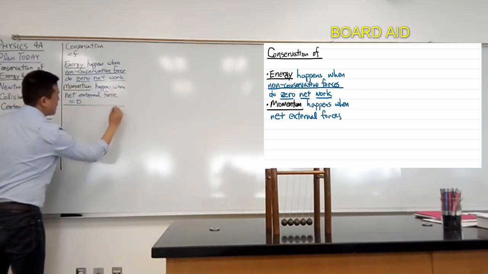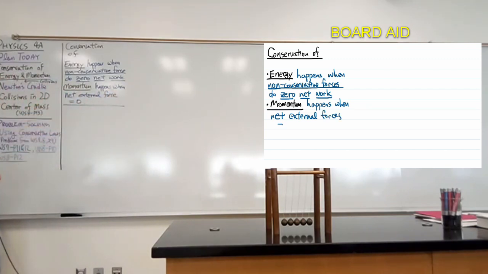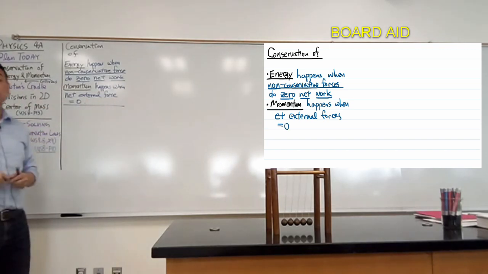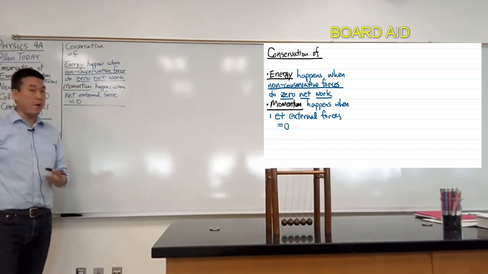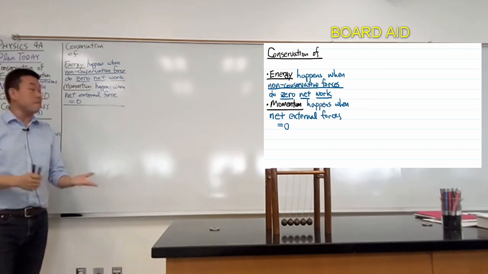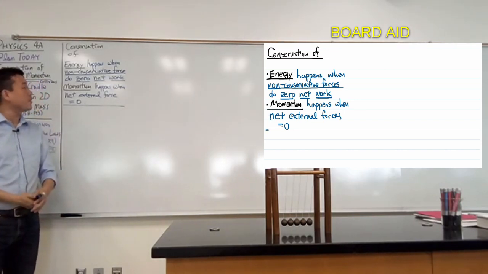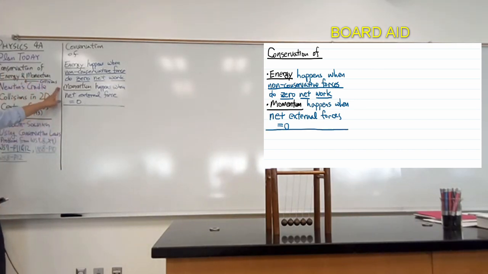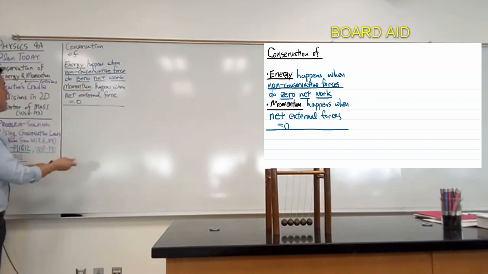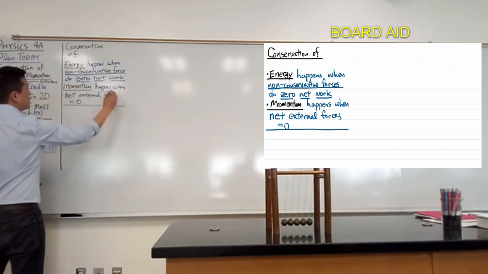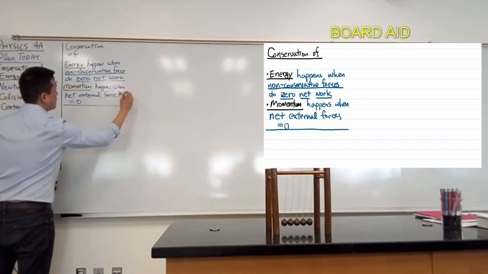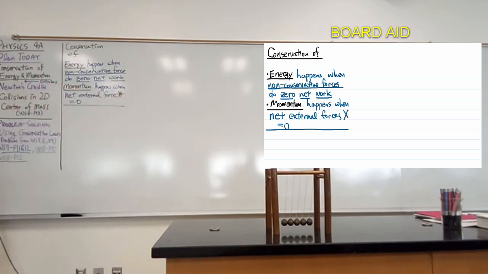And I want to refine this a little bit because there will be situations where you clearly have external force, but we will come up with some excuse to say we can actually consider momentum to be conserved. So let me put a little asterisk here as a reminder that I'm going to be refining this in a little bit.